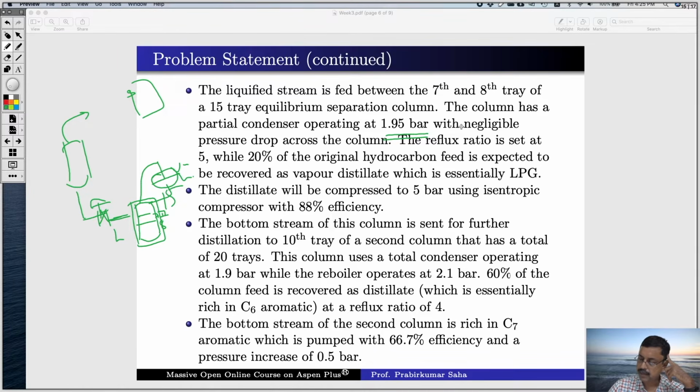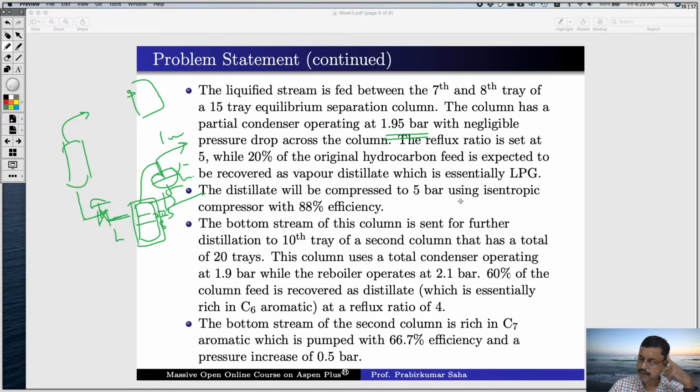The reflux ratio is set at 5. That means if 1 mole of vapor is going out of the partial condenser, then 5 moles will come back to the column. So the reflux ratio is set at 5.